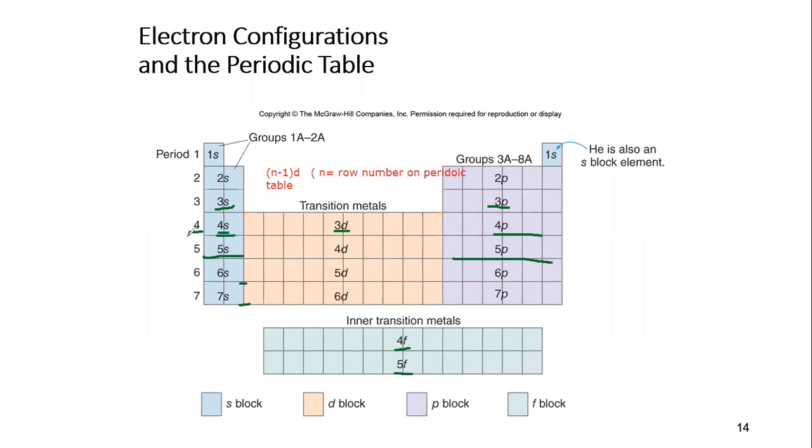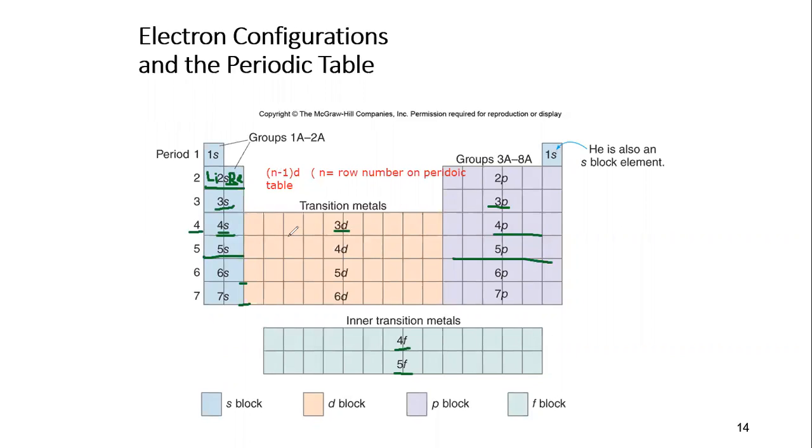Now this actually is a mirror image of the periodic table. So for example, you see 2s. Well, this correlates to lithium and beryllium. So if you have lithium or beryllium, you know that the last orbital you're going to fill is the 2s orbital.